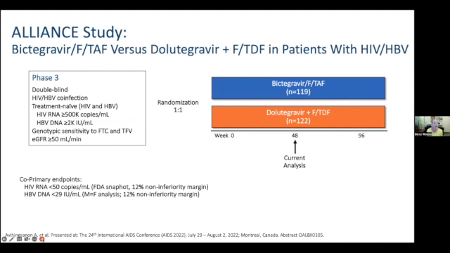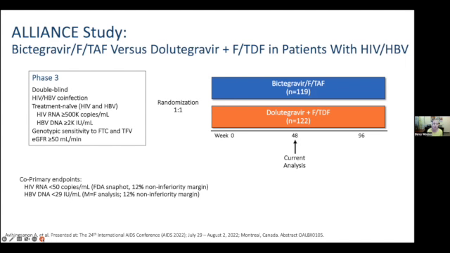This was a randomized controlled trial of patients with HIV and hepatitis B co-infection who were treatment naive, randomized to either the bictegravir FTC TAF arm or dolutegravir FTC TDF. So of course the INSTIs were different between the two regimens, but also TAF versus TDF.